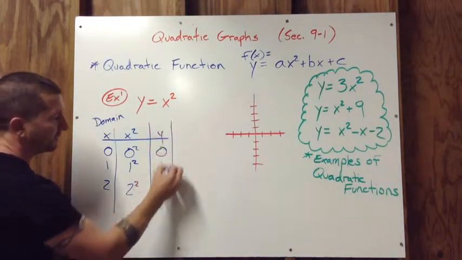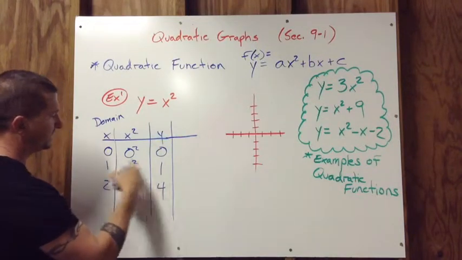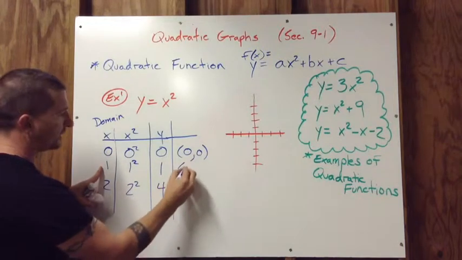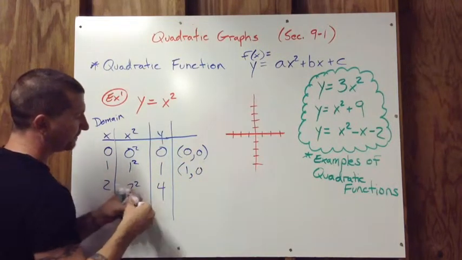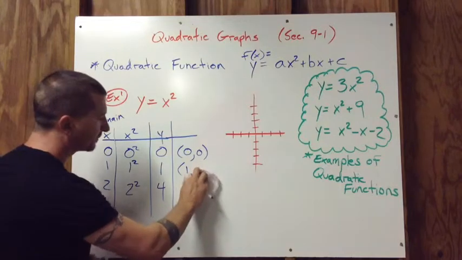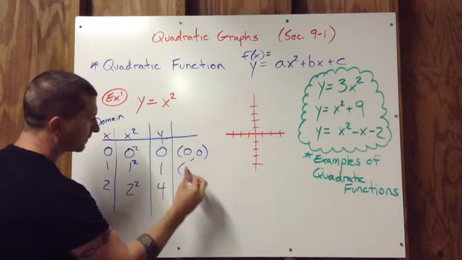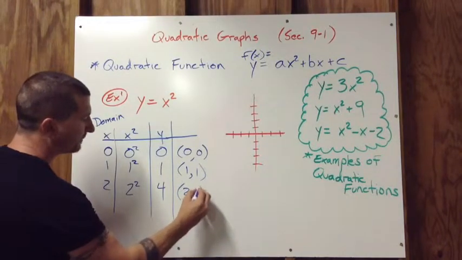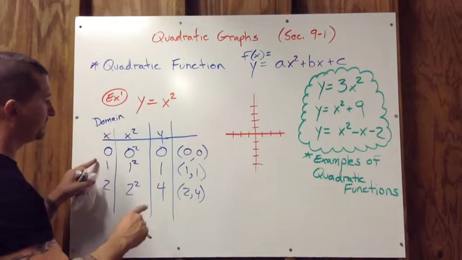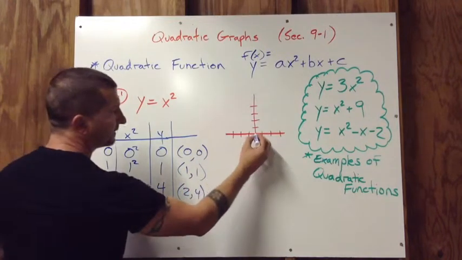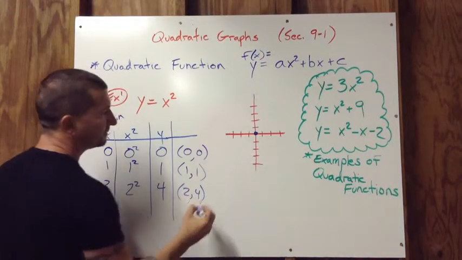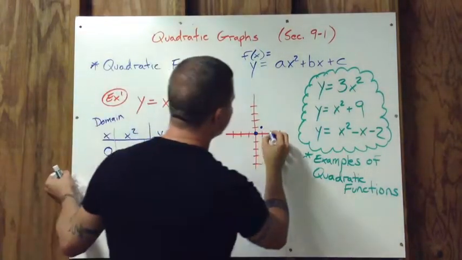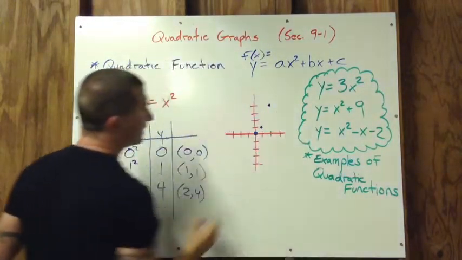Now, the ordered pairs then would be 0, 0, 1, 1, and 2, 4. Now let's go ahead and plot these. We have 0, 0, which is right at the origin. 1, 1 is here. And then 2, 4 will be all the way up here.